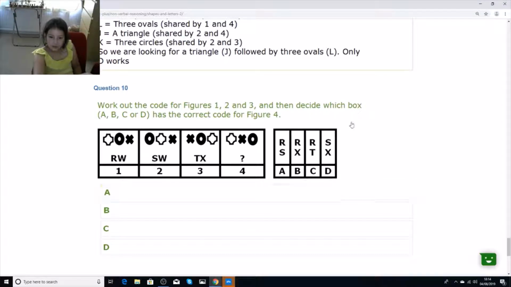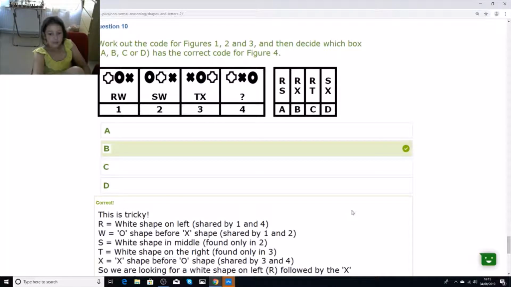R or S. So is it 1 or 2? It's probably 1, because this shape is at the start. So R, X. So that's B. Correct. This is tricky. R equals white shape on left.